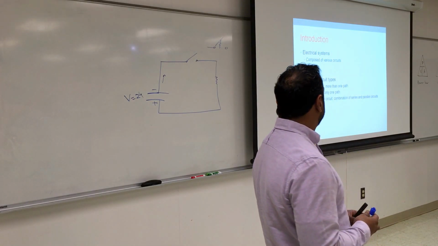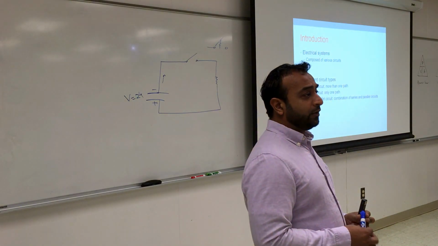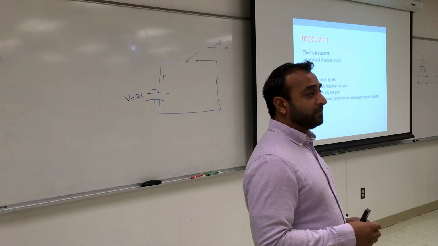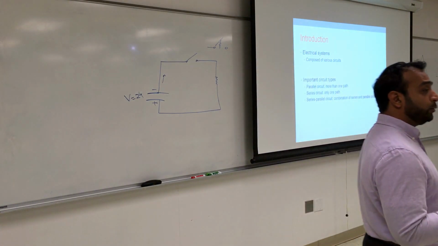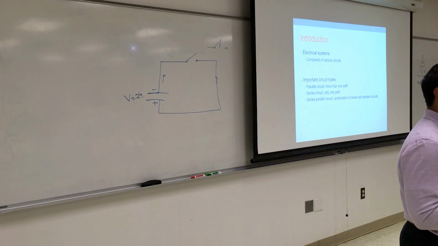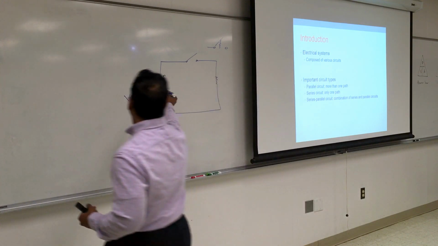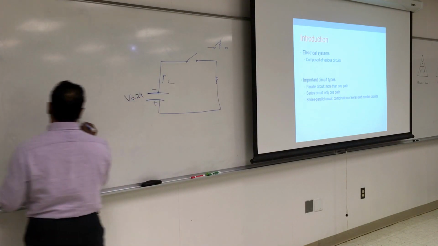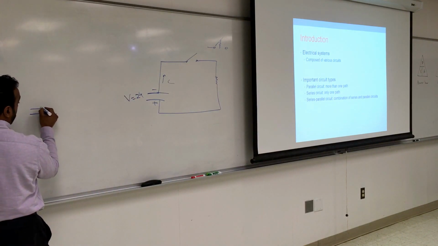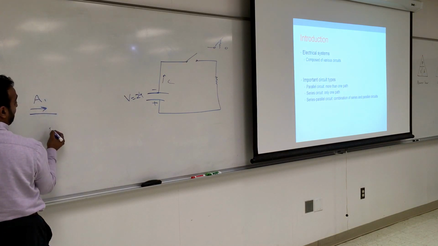So first thing is the parallel circuit. What do we mean by a parallel circuit? That means there's more than one path for the current to take. So this is our current here, right? If you see the current coming all the way, we call it I1.